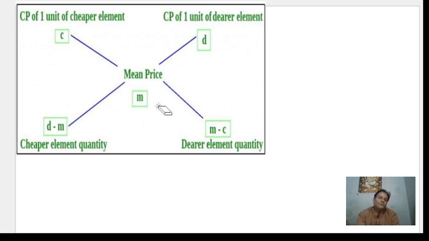After that we find the ratio of the cheaper and dearer elements in this way. This is the process to find the ratio of the elements which we mix together.